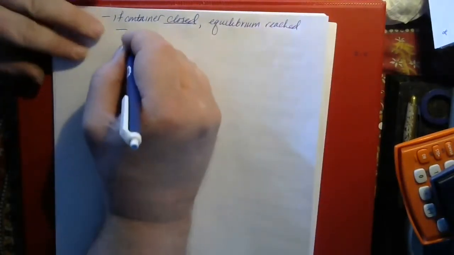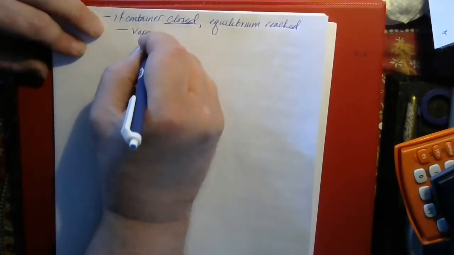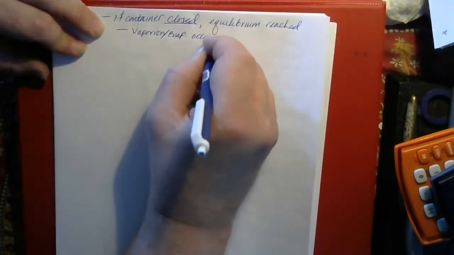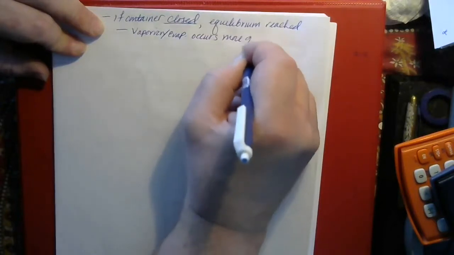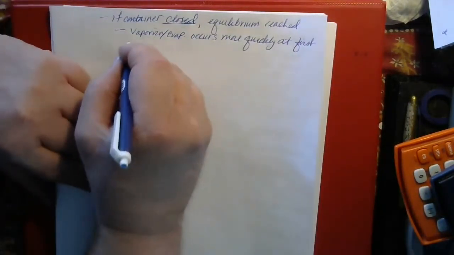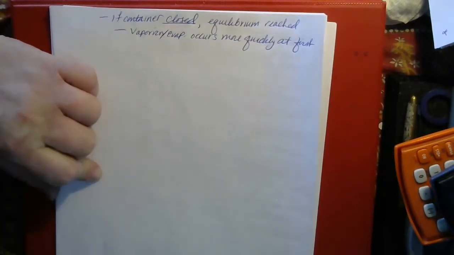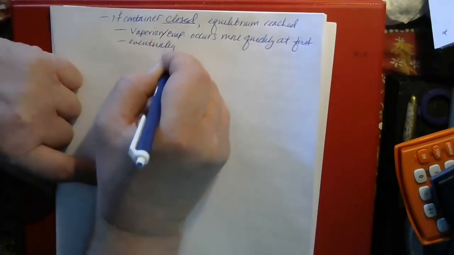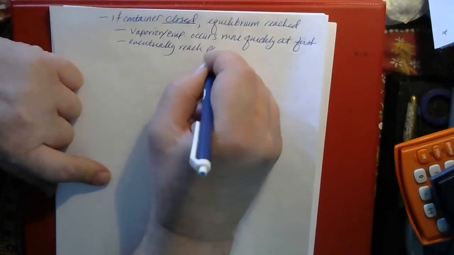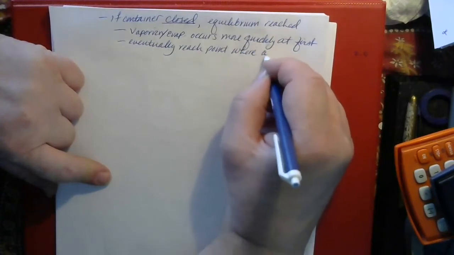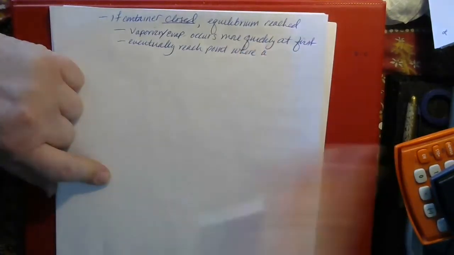And what that means is that vaporization or evaporation will occur more quickly at first, but you eventually reach the saturation point. And that's basically the point where the air above the liquid is saturated with the vapor of the liquid.